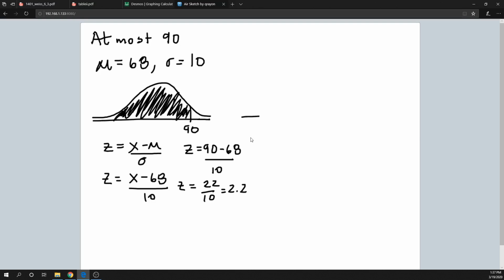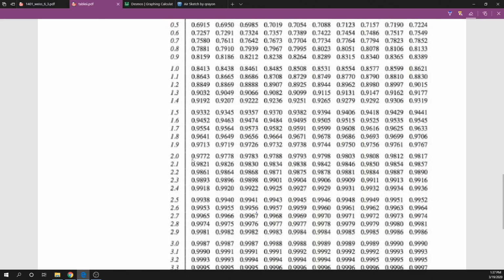All right, so on the standard normal, we would be finding the area to the left of 2.2. If you're using table 2, that's the way table 2 works automatically. So all we have to do is look up 2.2 in the table.